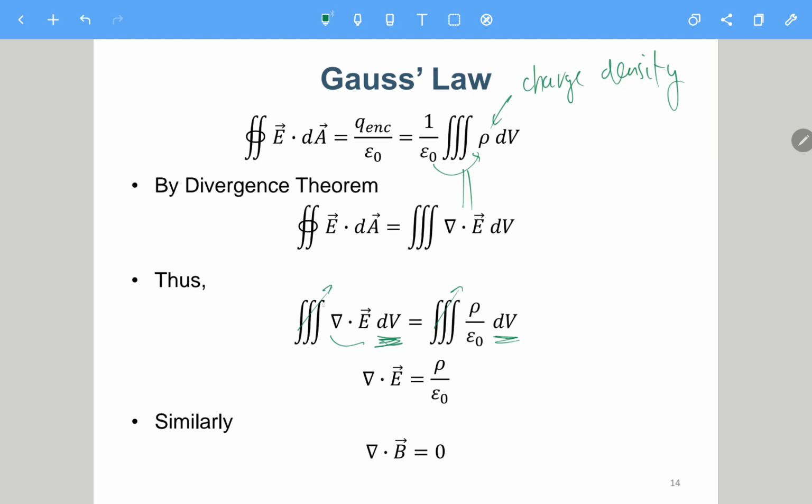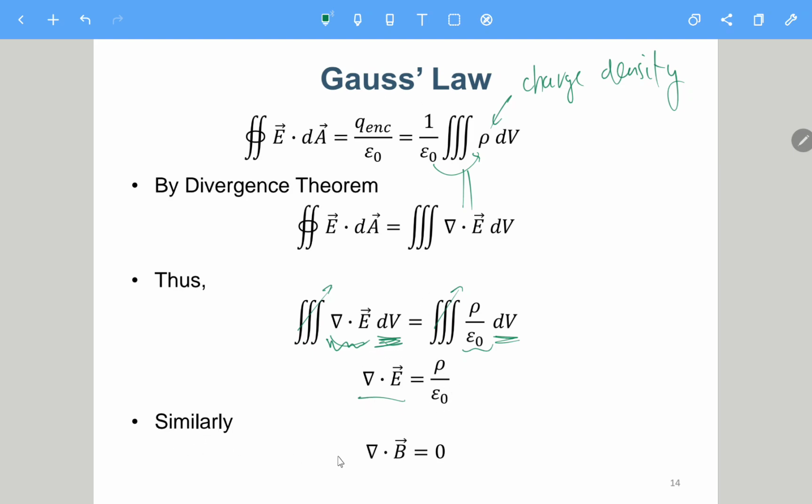So finally, you can cancel the integration sign to make the integrands equal to each other. So finally, we have divergence of E equals rho over epsilon naught. It turns out to be the differential form of the Gauss law.